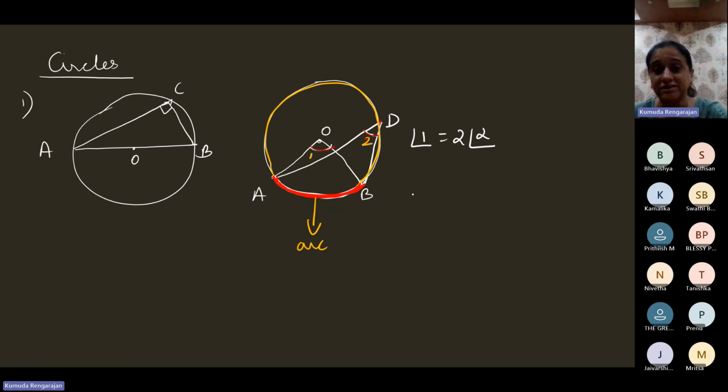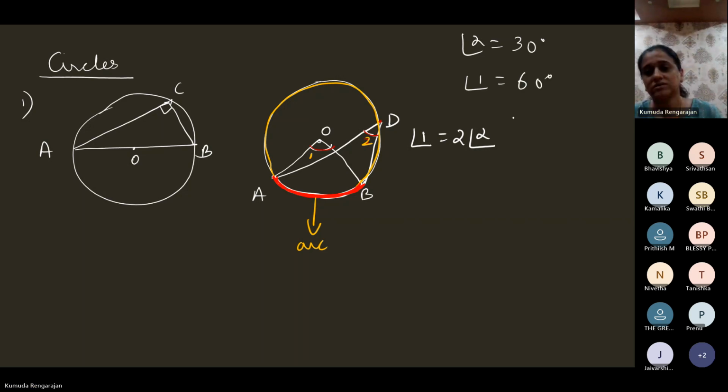The angle at the center is double the angle formed on the circumference. The angle made at the center will be more. So angle 1 will be double of angle 2.